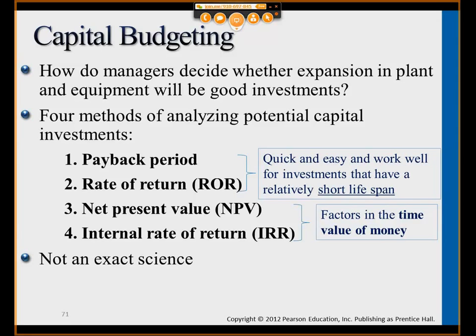Well, interestingly, it's usually a combination. Okay, it's never one. They quite often use at least a couple of these. So capital budgeting is not an exact science, but we do have tools to make it as close to a science as possible. All right?